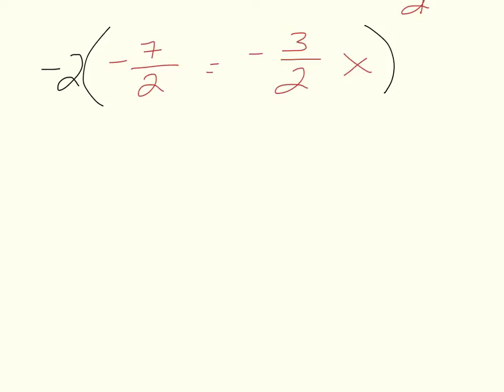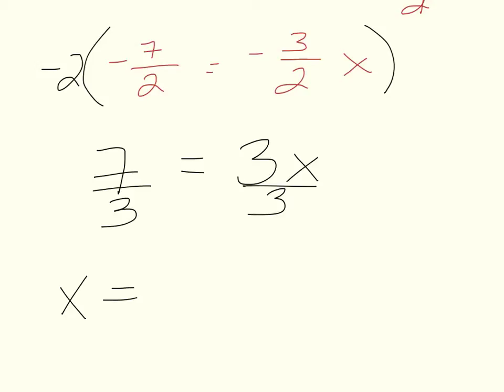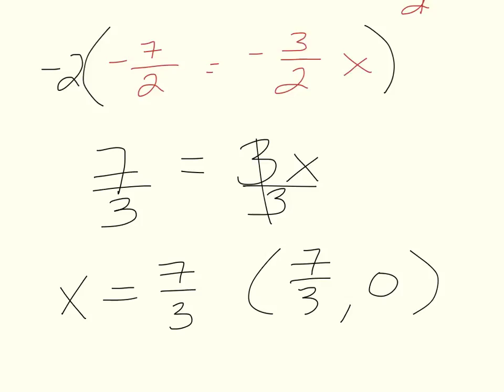If I multiply negative 2 by negative 7 halves, I'm going to get positive 7, and if I multiply negative 2 times negative 3 halves, I'm going to get positive 3, so it'll be positive 3x. Then I just need to divide by 3, and I have x equal to 7/3. So my x-intercept then would be 7/3, 0.